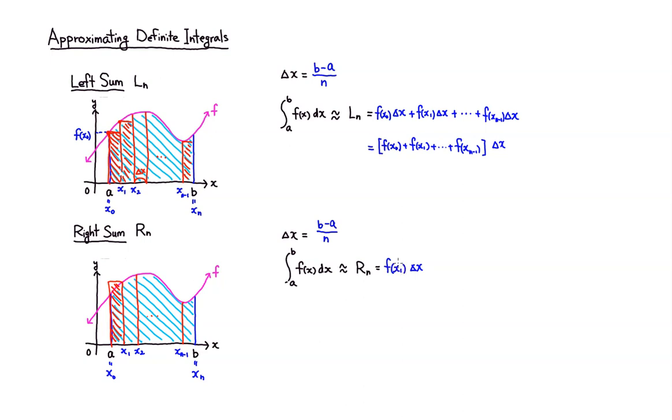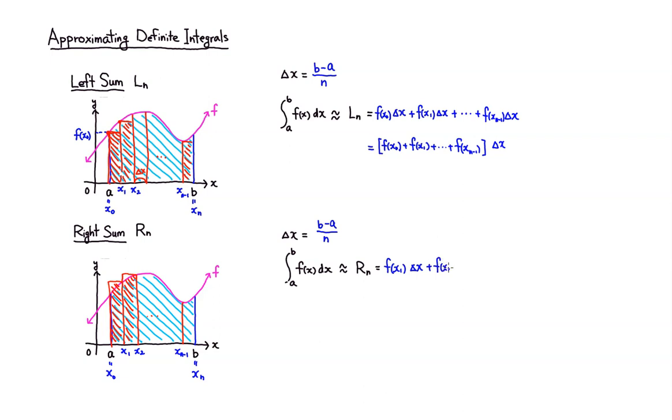So you see the difference. For the left endpoint, you start with f of x0, but now for the right sum, you're going to start with f of x1. So the next one, the height is determined at x2, so we're going to do f of x2 times delta x.